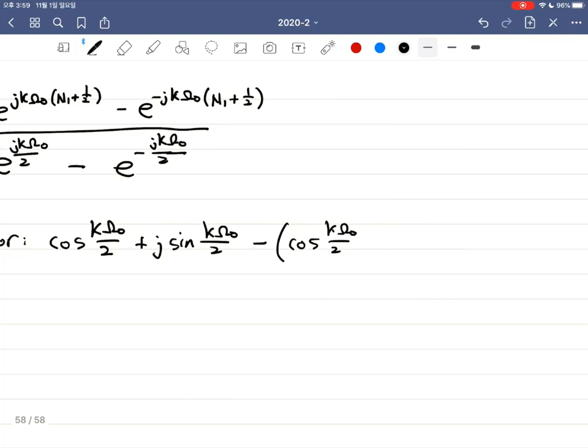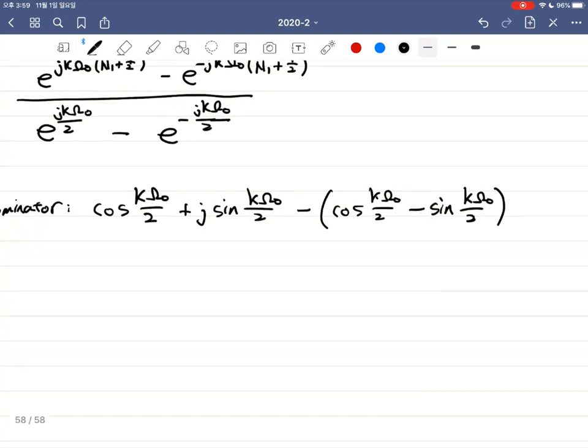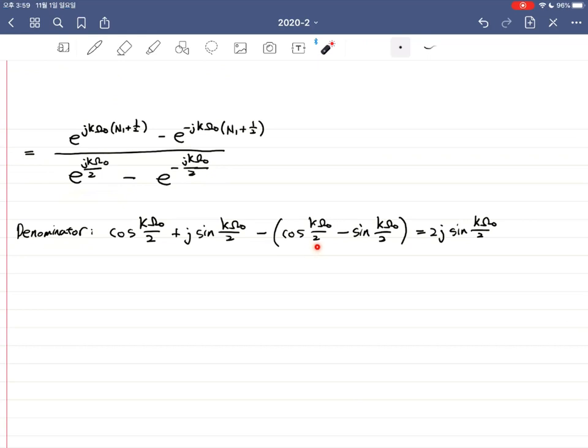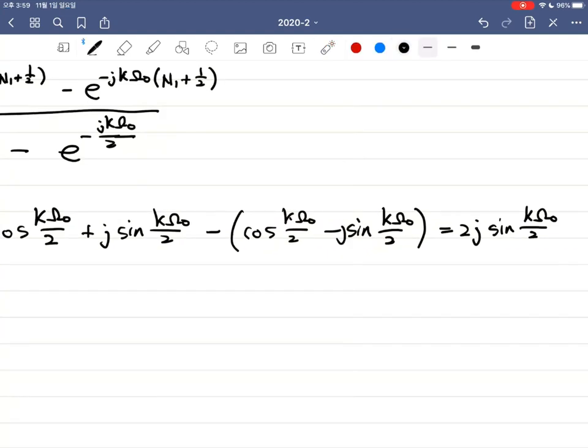However, sine is an odd function, so the minus inside the sine can come up in front of the sine. Remember that? You can't just miss the details. And then what do I have? I have 2 of j sine k omega 0 divided by 2, because cosine and cosine go away and you have double of sines. Oh, I forgot to have this j here. Excuse me.